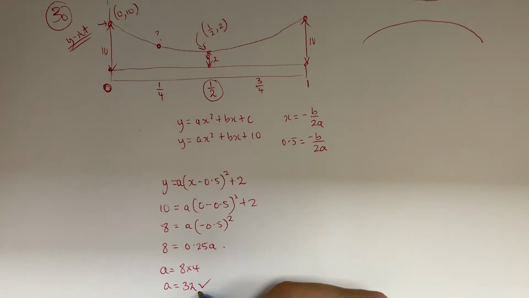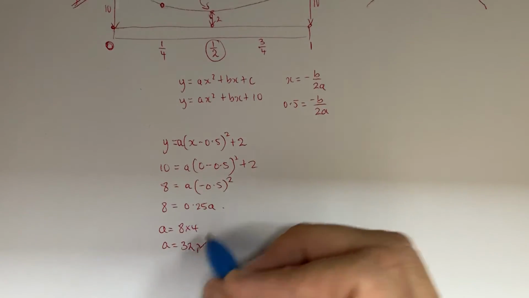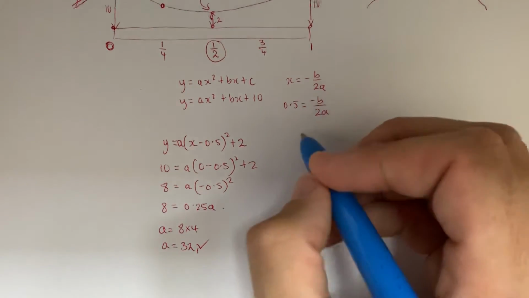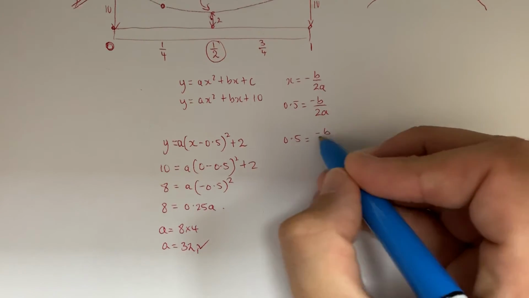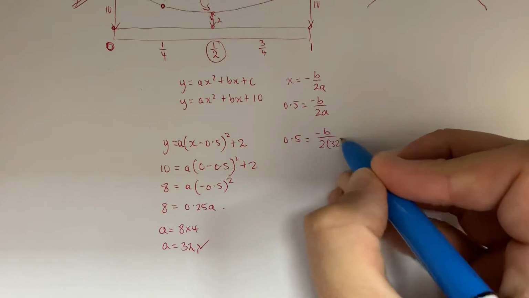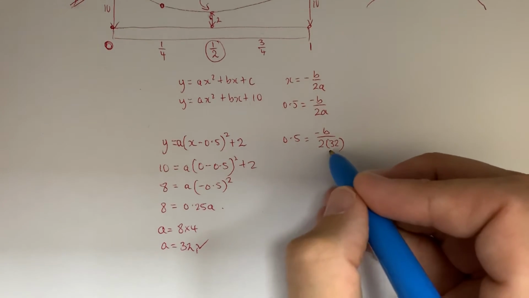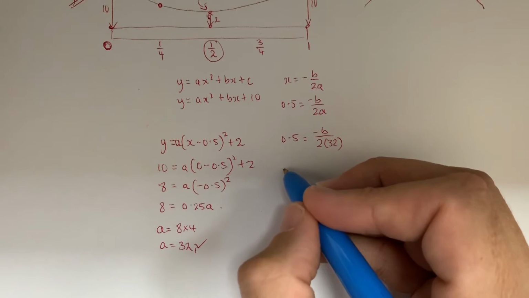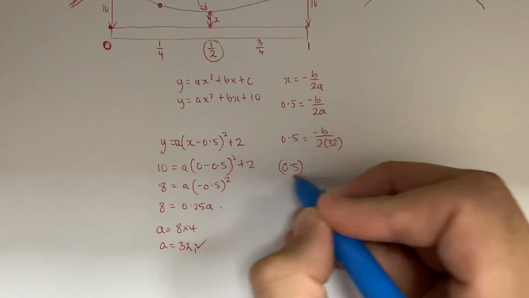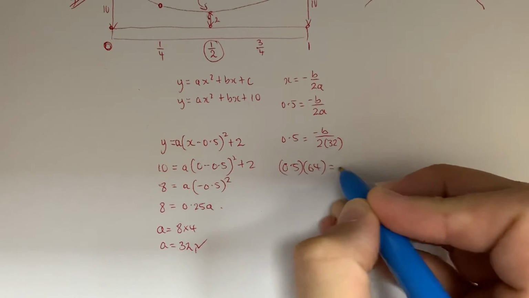So I know a. Now if I know a, I substitute it back in here and I can find b. So 0.5 equals negative b over 2 times 32. So take that up there, and that's going to be 1/2 times 64 equals negative b.